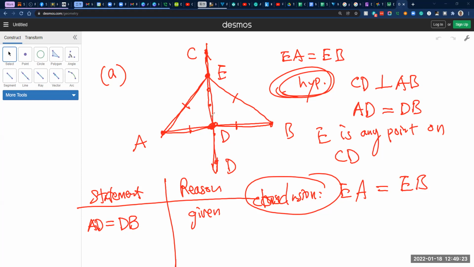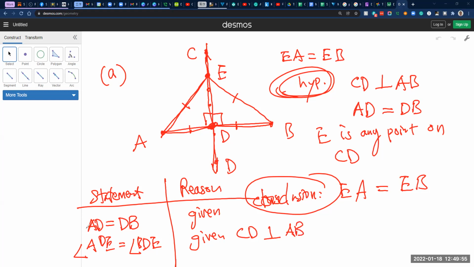And we know this and that are congruent. So angle ADE is congruent to angle BDE, because both are right angles, and that's also given, because CD is perpendicular to AB.